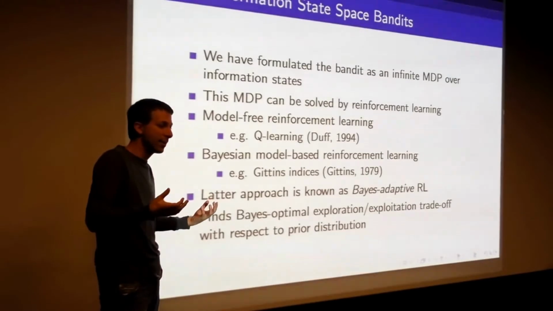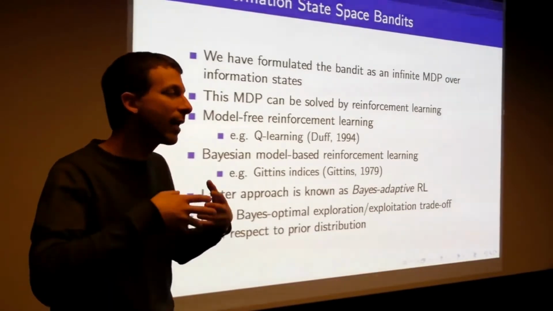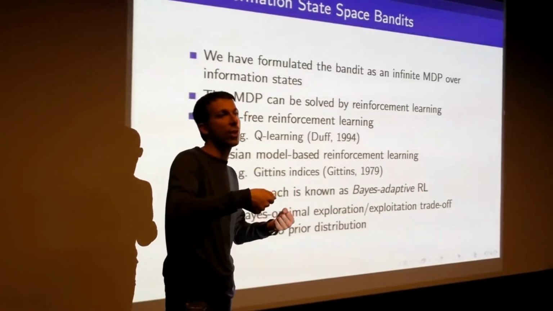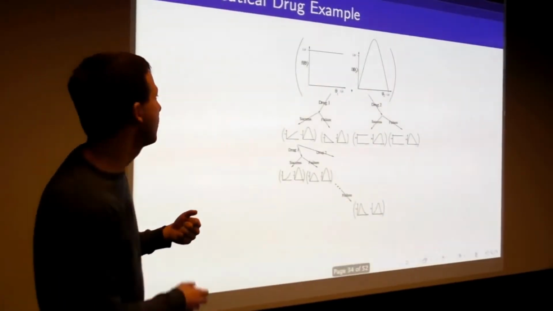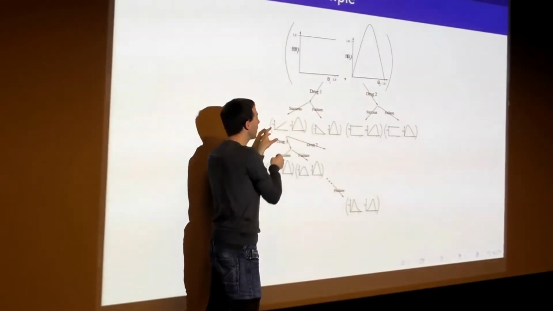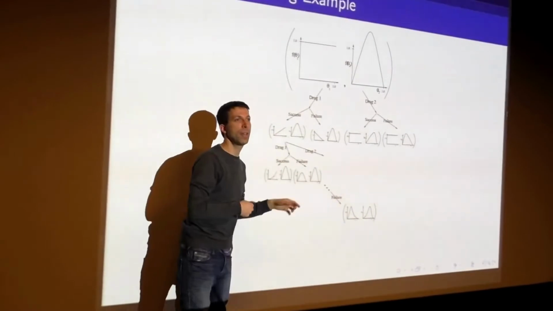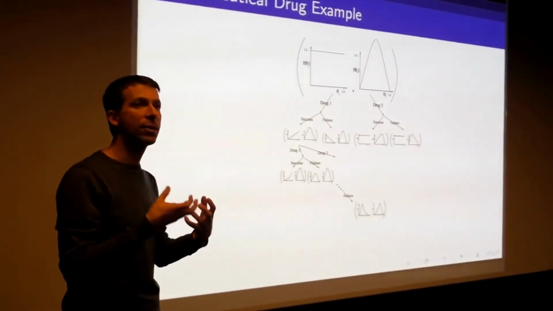Like in this drug example, it would look like characterizing everything we know about the problem by a posterior distribution over the payouts. So the Bayes adaptive idea is that in each state, you summarize all the information you know about that state by some distributions over how well your actions will perform. And then you solve for the MDP, where at each state you've got some distribution.